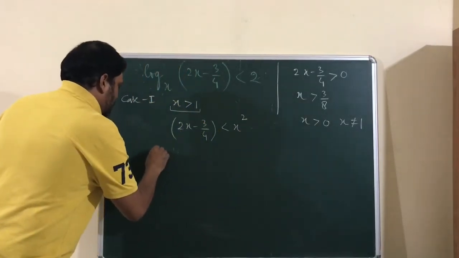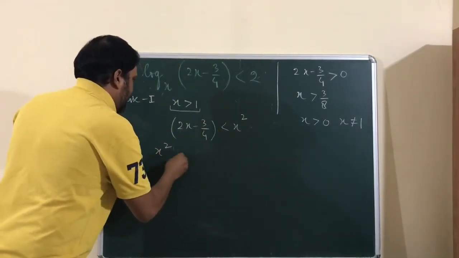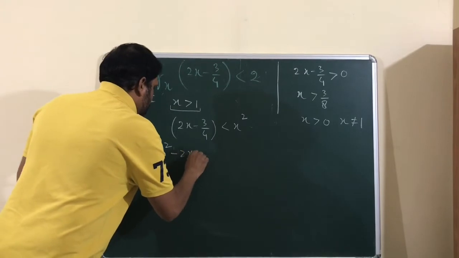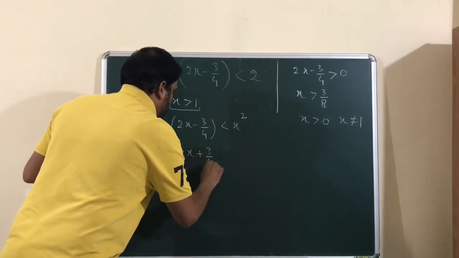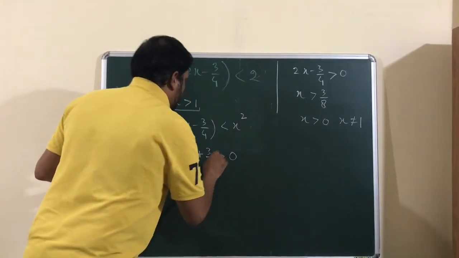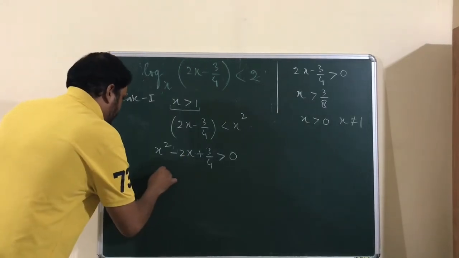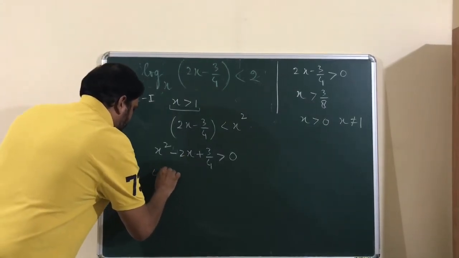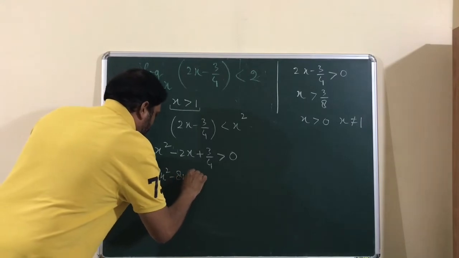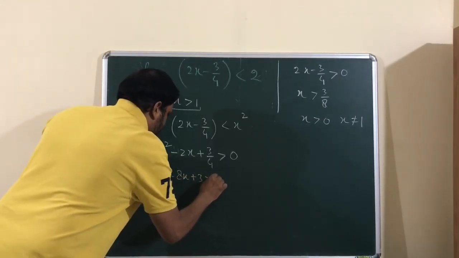So we can solve this inequality, that is x square minus 2x plus 3/4 is greater than 0. We can multiply by 4, that is 4x square minus 8x plus 3 is greater than 0.